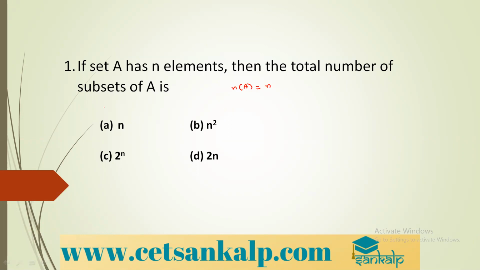When you want to make subset from these n elements, you can select nothing, or you can select 1, or you can select 2, or in that way you can select all the n elements. And in binomial theorem, there is a formula for this. It is 2 power n. That means total 2 power n subsets can be formed. Option will be C.